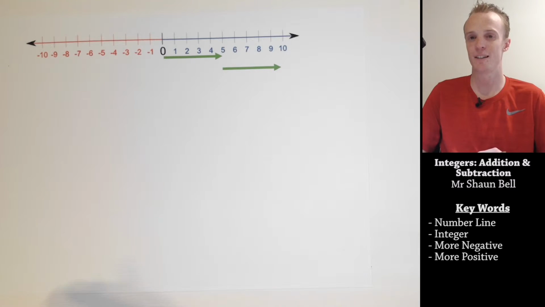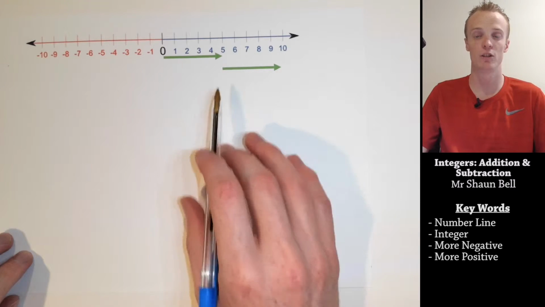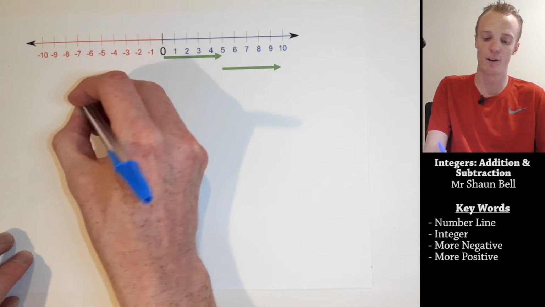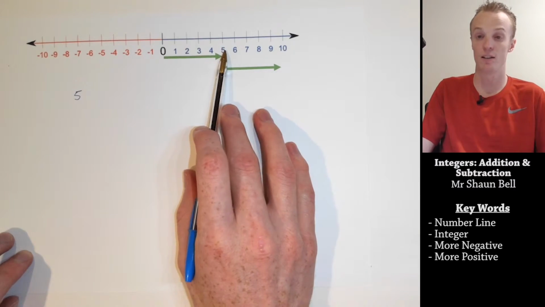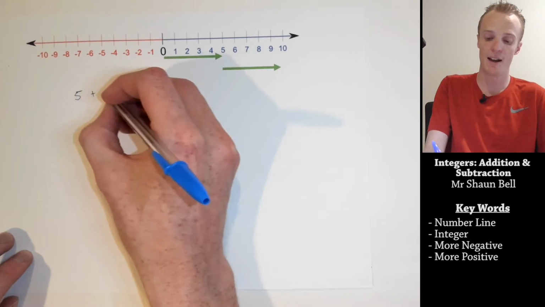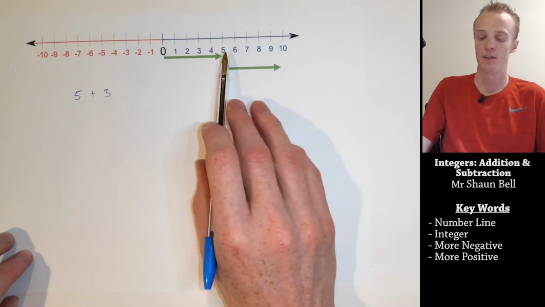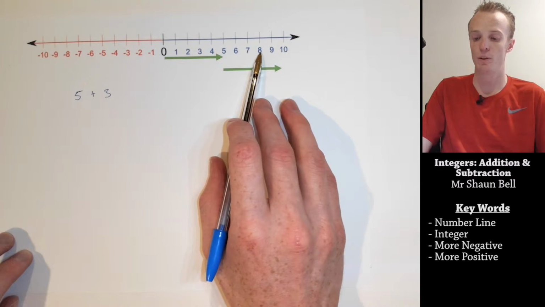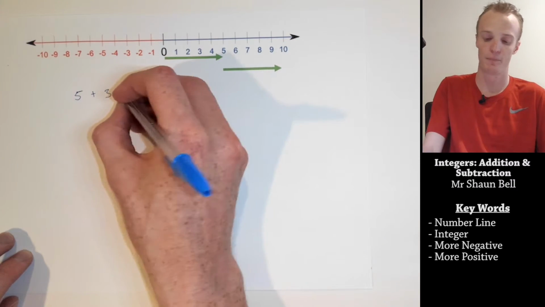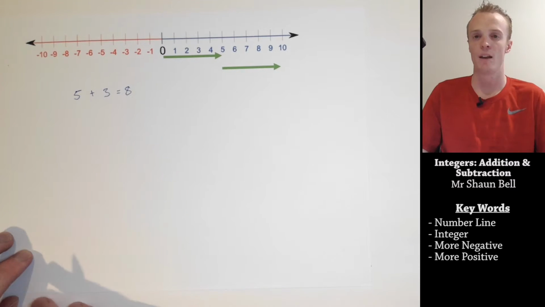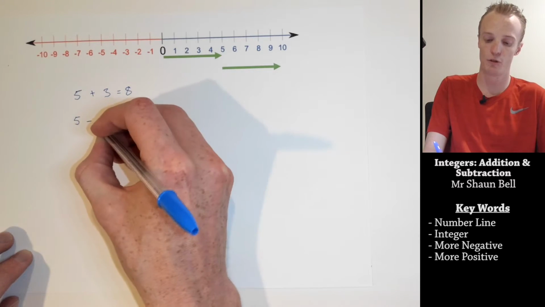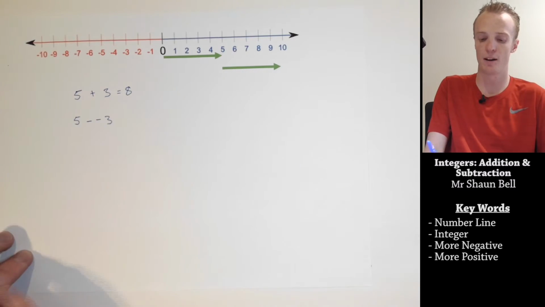Our first scenario stated that we started with a positive integer and that value became more positive. So if we start at 5, which on our number line is just here, and we added an extra 3, that would say that we need to move to the right 3 places, which will arrive at 8. However, this same problem can be rewritten as 5 subtract negative 3.